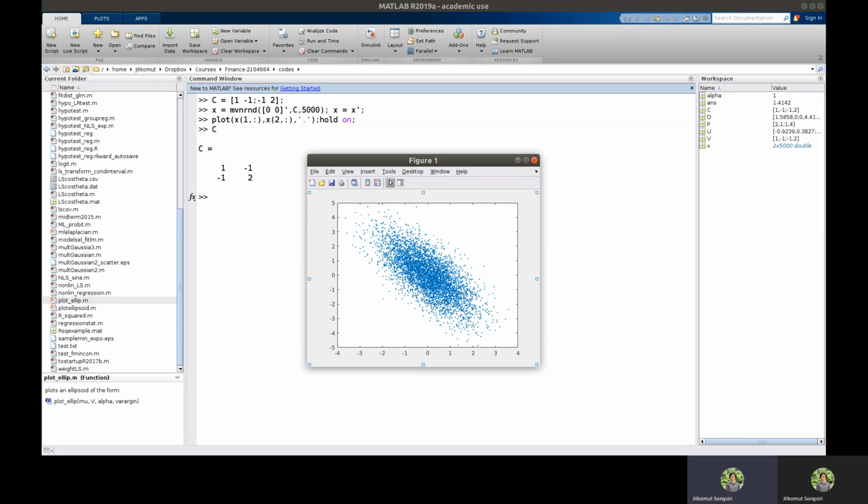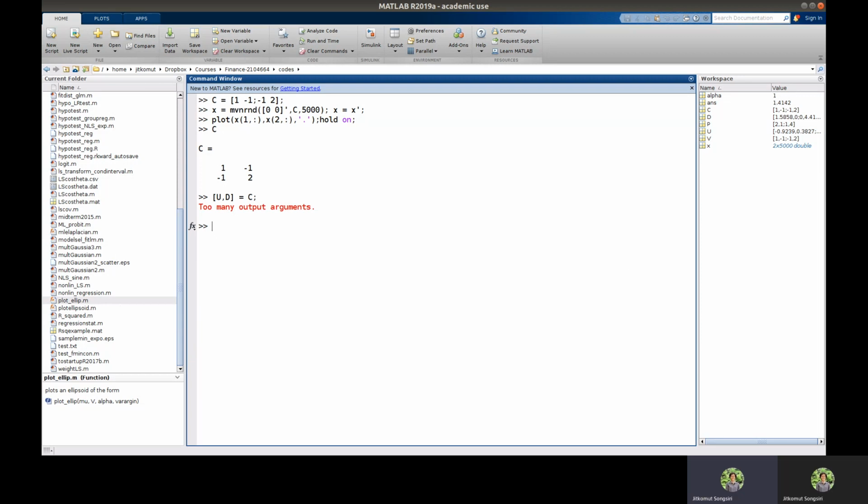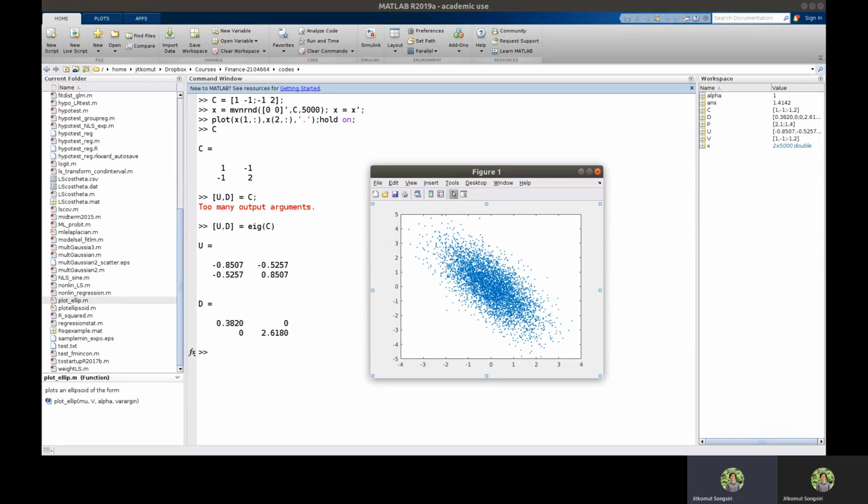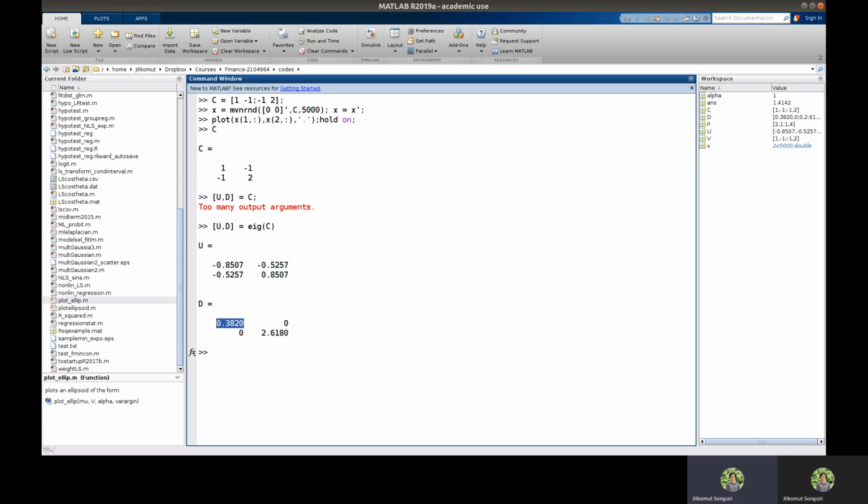So again, you can also confirm the shape of an ellipsoid with the eigenvector and the eigenvalue of C. The width of the first principal axis is supposed to be the square root of 0.3.